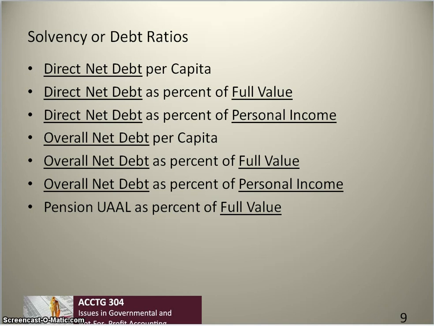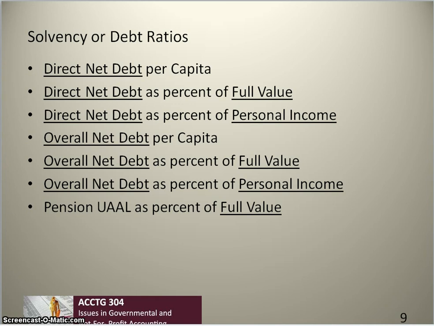And as we saw when we discussed Vallejo and other cities early in the term, the valuation of the fixed assets on the balance sheet for the governmental activities is generally not reliable financially, in that it does not really capture the financial value of those assets. So to use that in a ratio could be misleading.